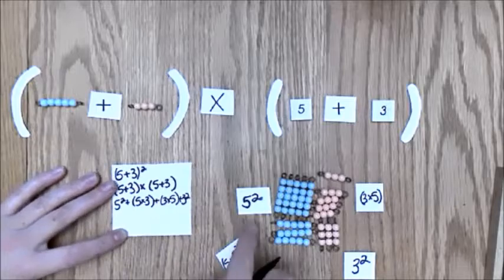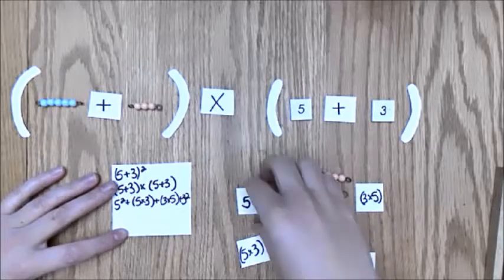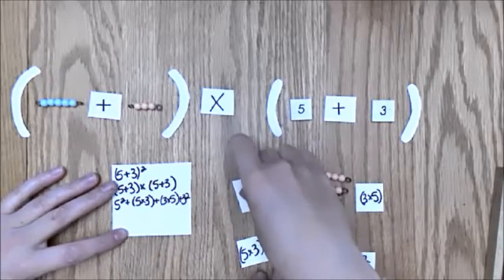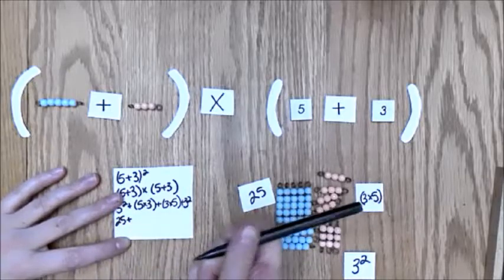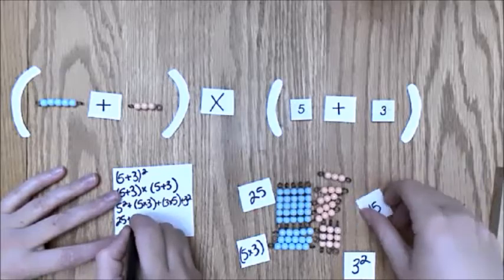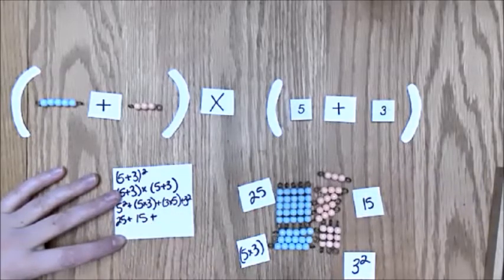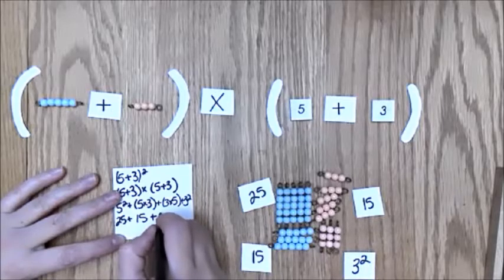Okay, so let's flip our values over. What was 5 squared's value? 25. And then we had this one up here, 15. And then we have 5 times 3 down here, they're always upside down. 15.